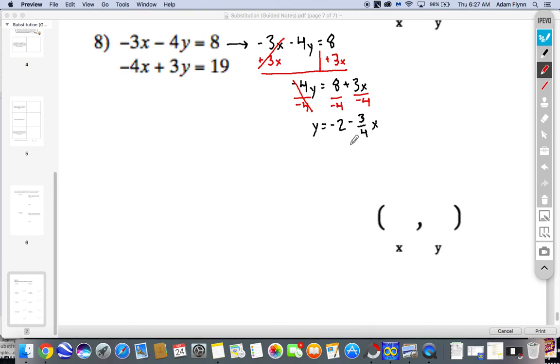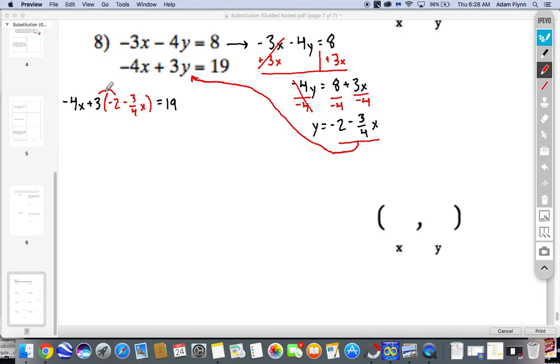So since I know y equals -2 minus 3 over 4x, that y is isolated, I can plug it in for y in the bottom equation, or substitute it in. So if I do that, I get -4x plus 3, but instead of y, I'm substituting in the -2 minus 3/4 x equals 19.